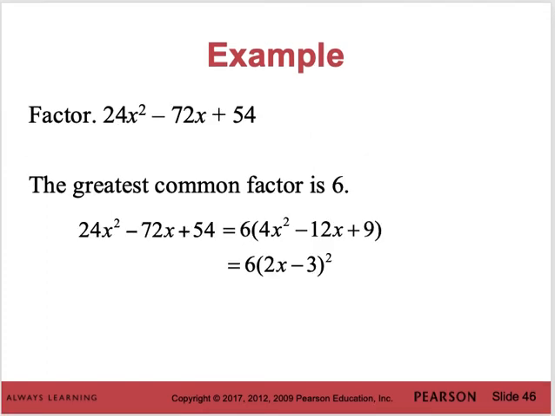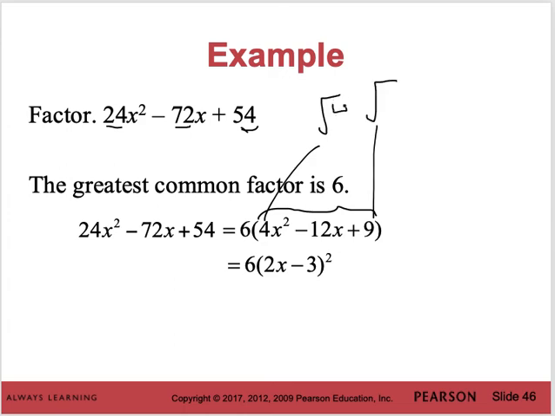All right, last example. Greatest common factor for 24, 72, and 54. We can factor out a 2, but we can factor out something bigger. We can factor out a 6. So if we factor out a 6, we'd be left with 4, negative 12, and 9. So now I want to look at these. Focus in on the first number and the last number. Can you take the square root of both of these?